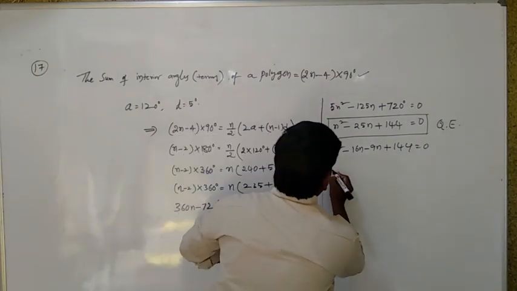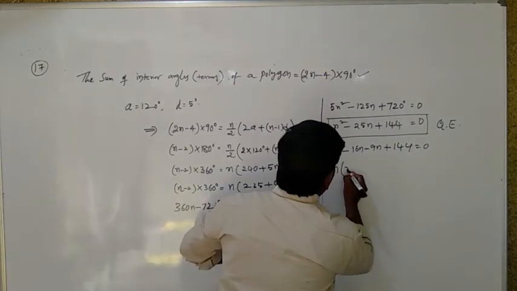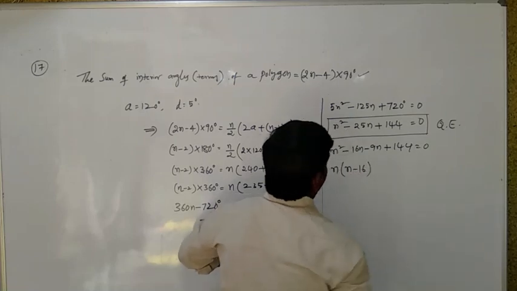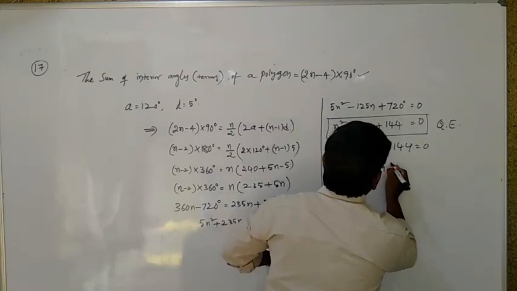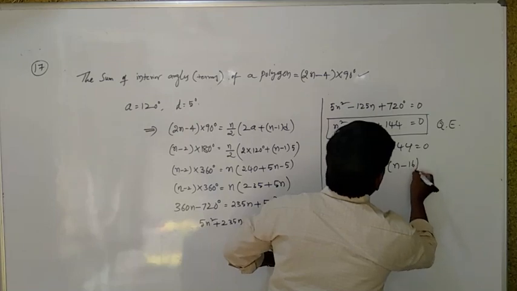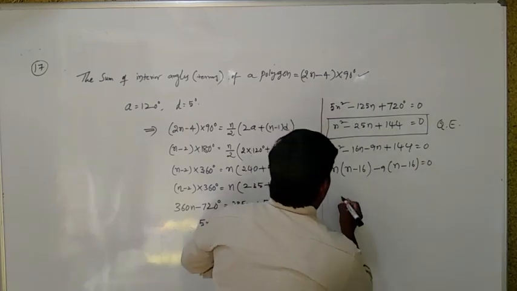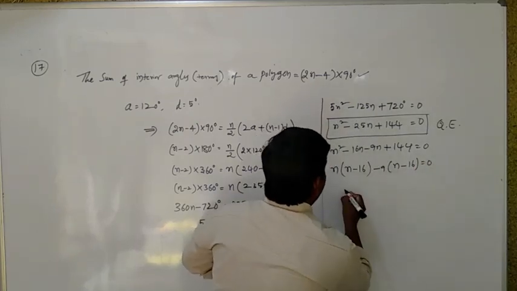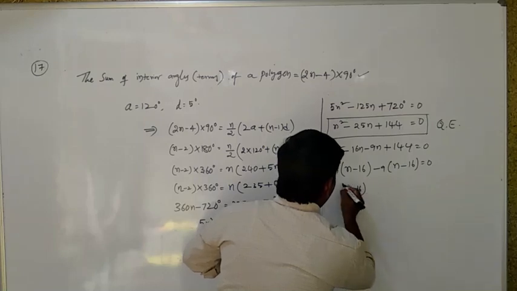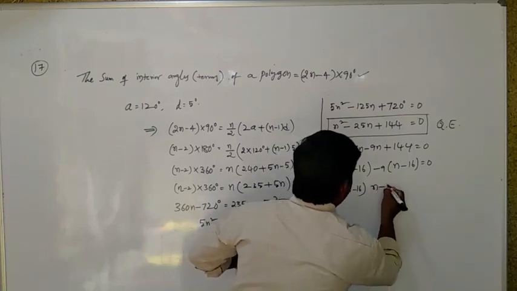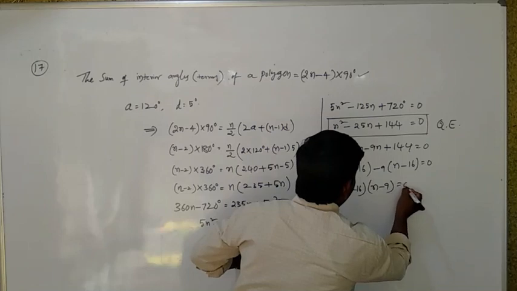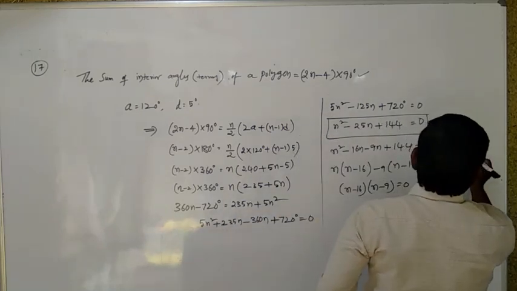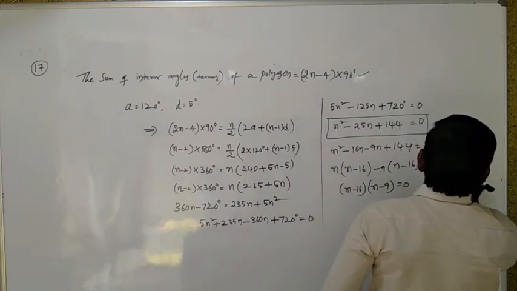So n is the common one, n minus 16 and minus 9, n minus 16 equal to 0. So n minus 16 is the common expression, and here n minus 9 equal to 0. If a b equal to 0, we can write a equal to 0 and b equal to 0.